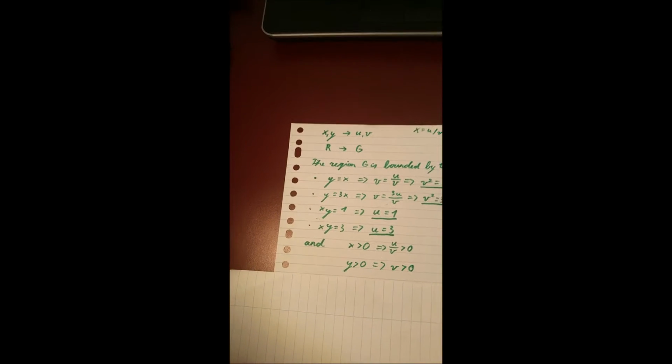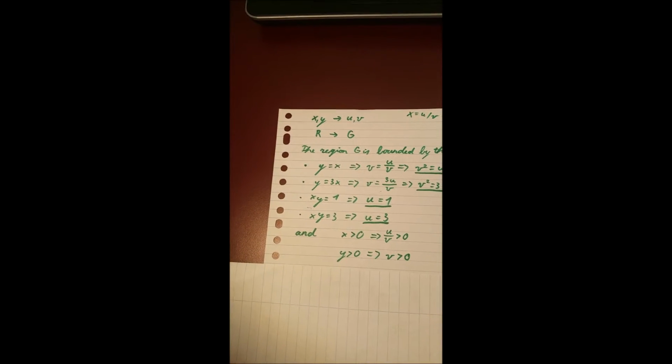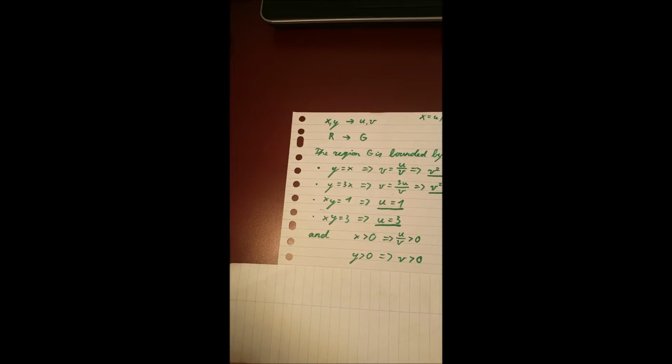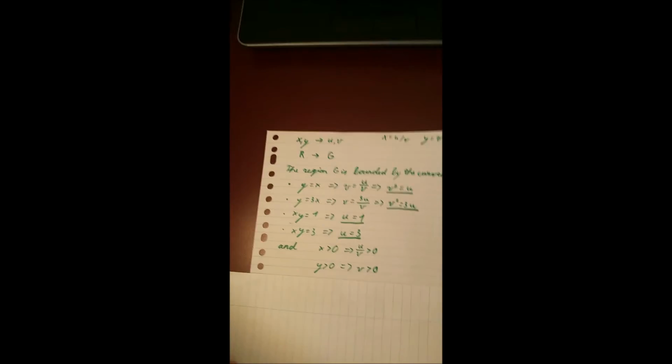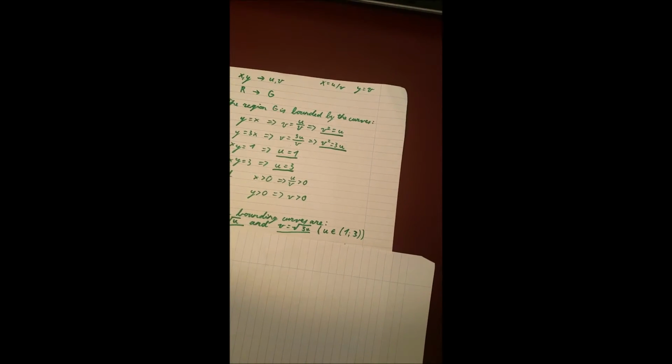And from here we can conclude that the x boundary should be bigger than 0 and the y boundary as well. From this we can conclude that u divided by v should be bigger than 0, because x is u divided by v and y is v, so v should also be bigger than 0.